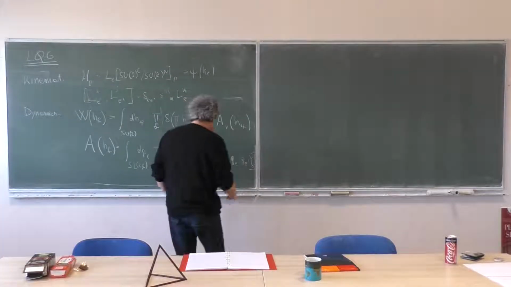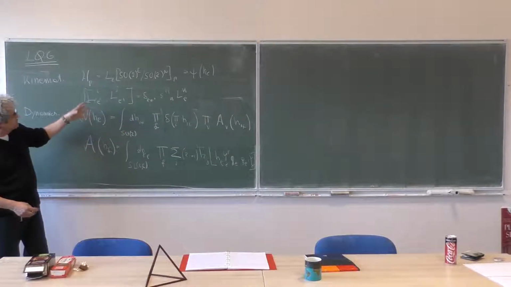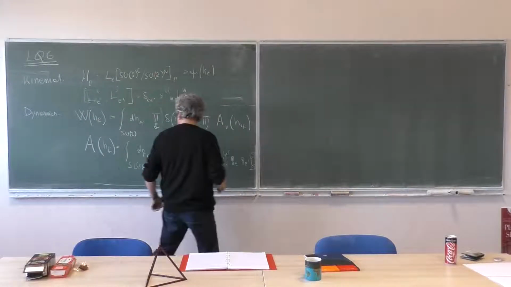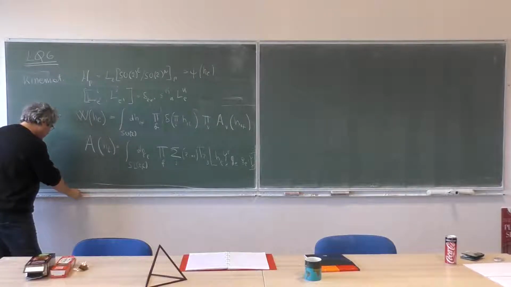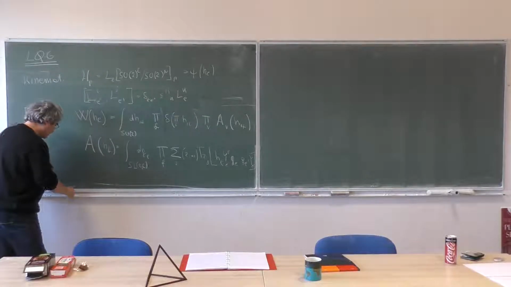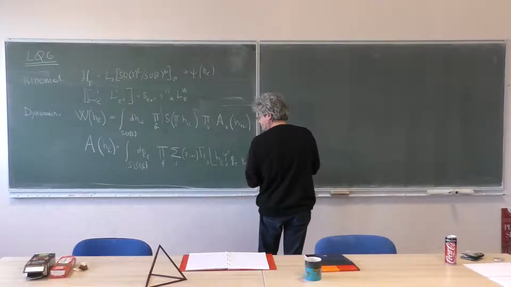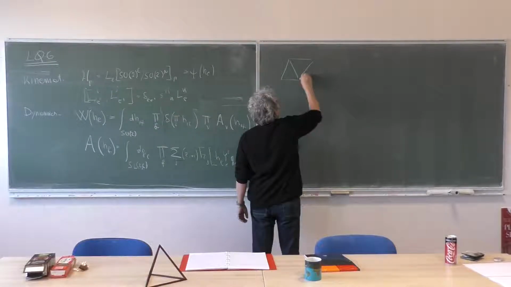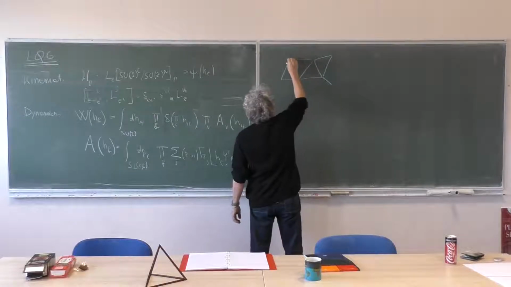Let's do a little bit more clearly what these indices mean. The kinematical part. Let me use a color code. Let's see if it works. I have a graph, and so on.